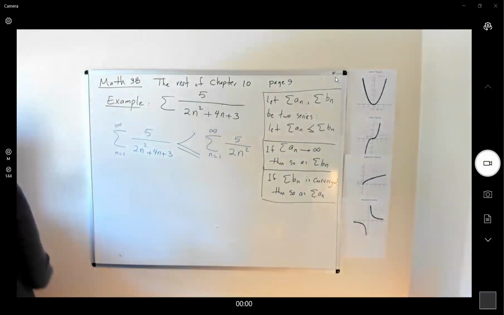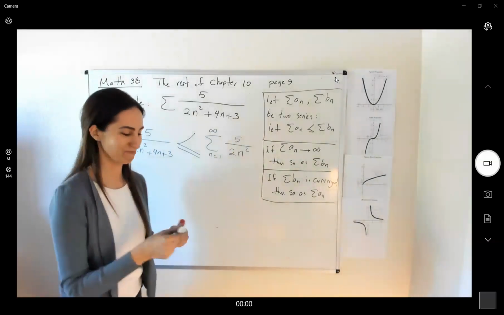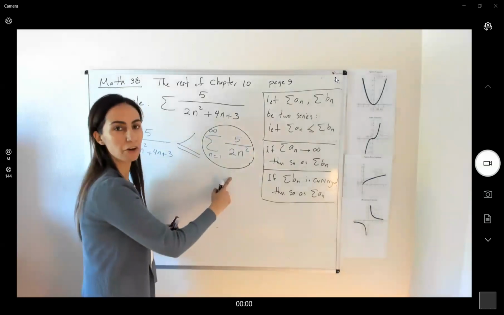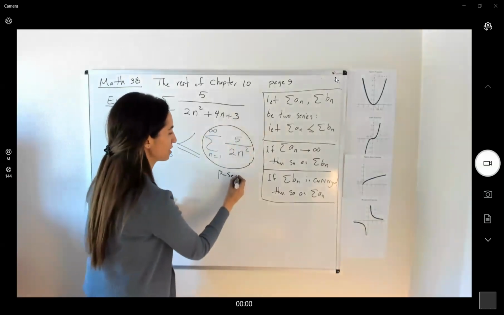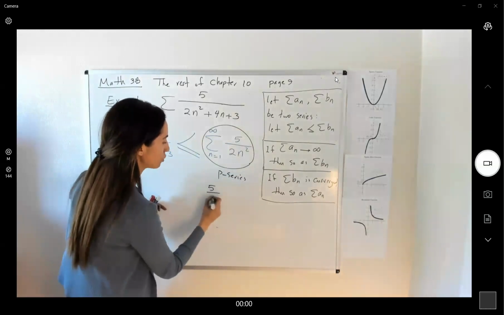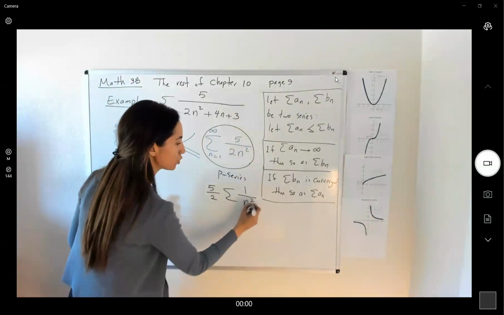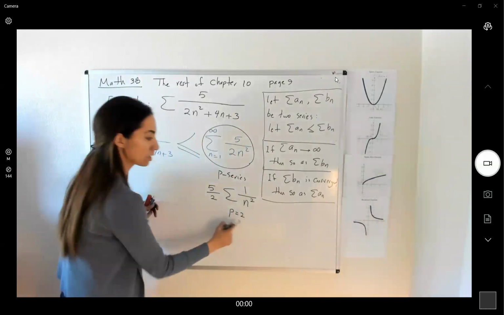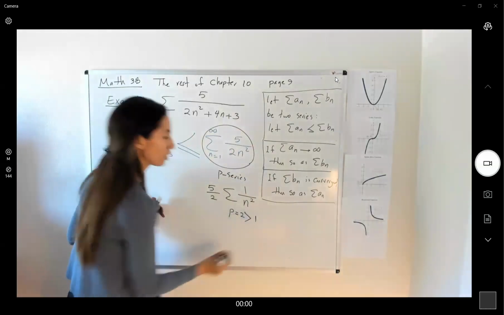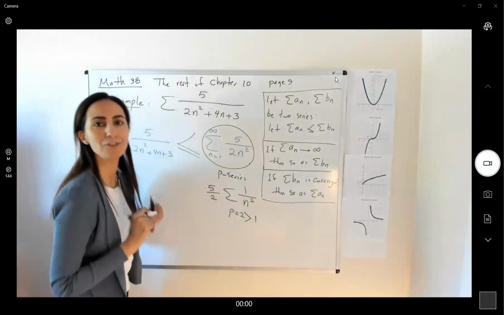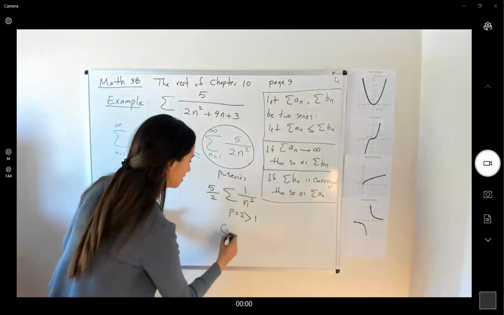Okay, this is a p-series. I already know the behavior of this p-series. This is 5 over 2 times 1 over n to the 2. P is 2, the exponent is 2, the exponent is greater than 1. And I know that this series is a convergent series.